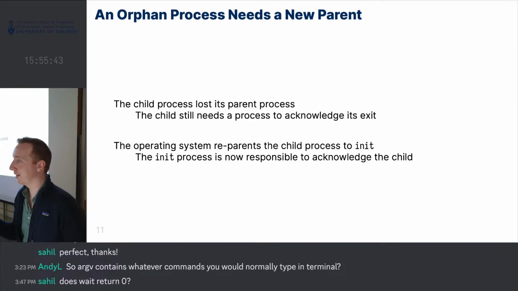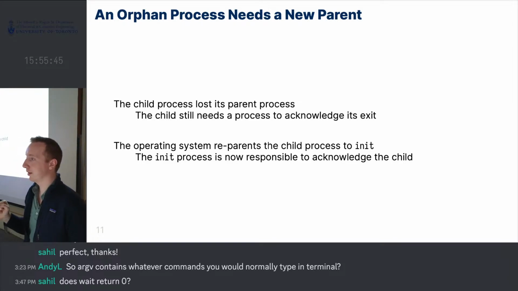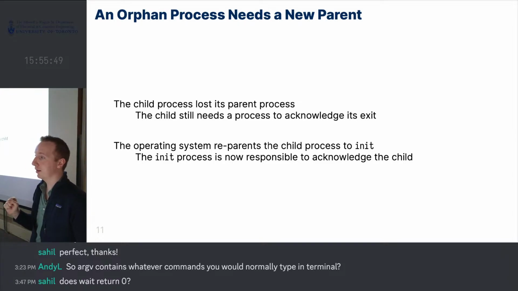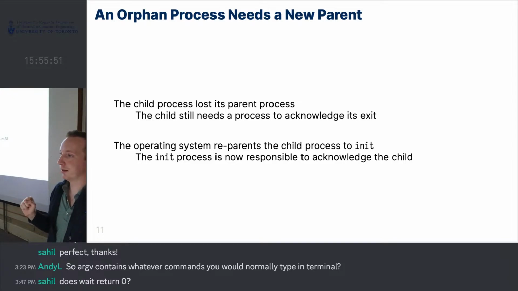Yep. If the parent created a child and that child created another child, so like the grandchild, and then the child in the middle, the first child, died, would that grandchild be assigned to init or the original parent? Yeah, so by default, if there's a grandchild or something like that, the kernel only cares about direct relationships.